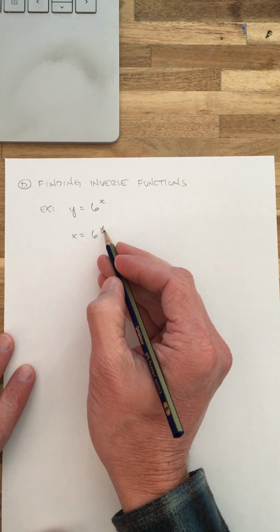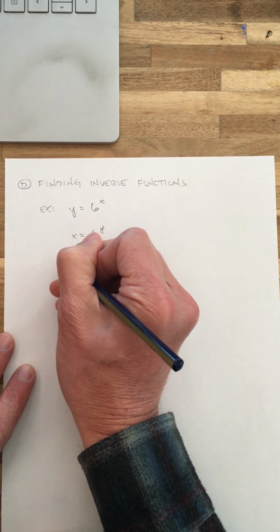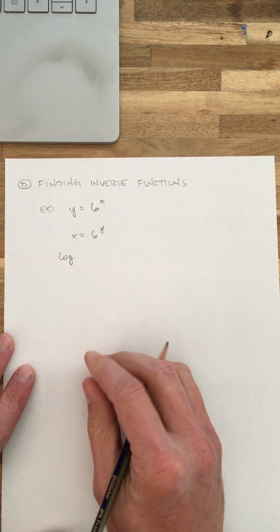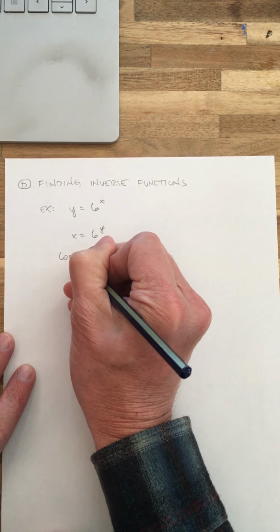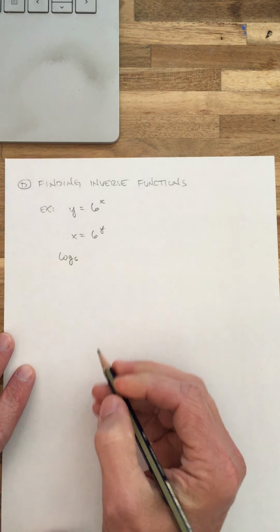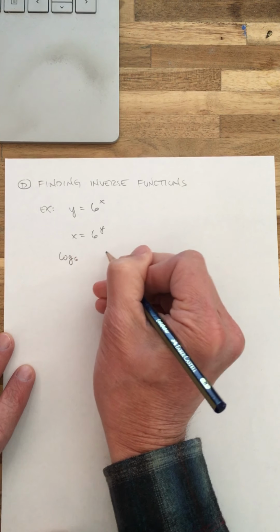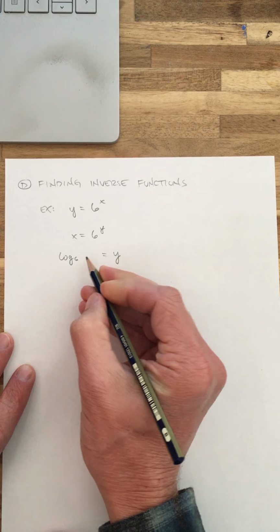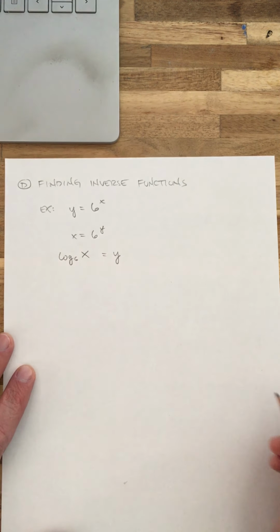We want to write it as the logarithm, and the base is 6, so log base 6. Now you're not going to put a y here because the y is the power. The logarithm will always give us the power, so that's where the y goes. The only thing left to put here is just the x. So it's log base 6 of x equals y.